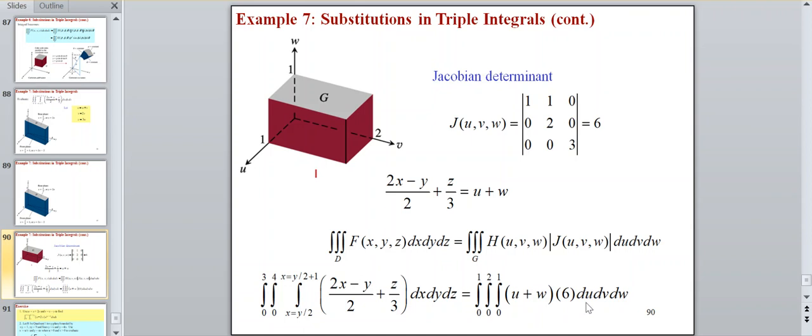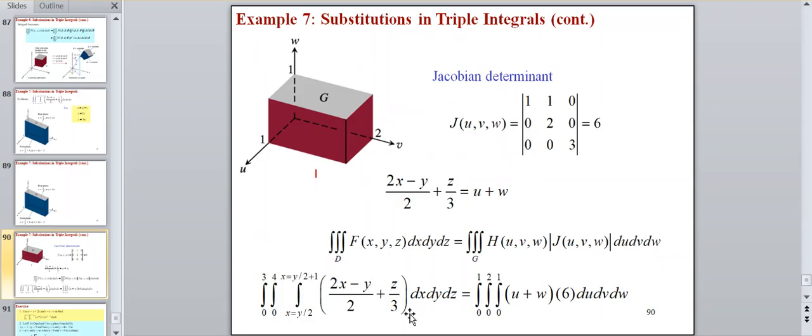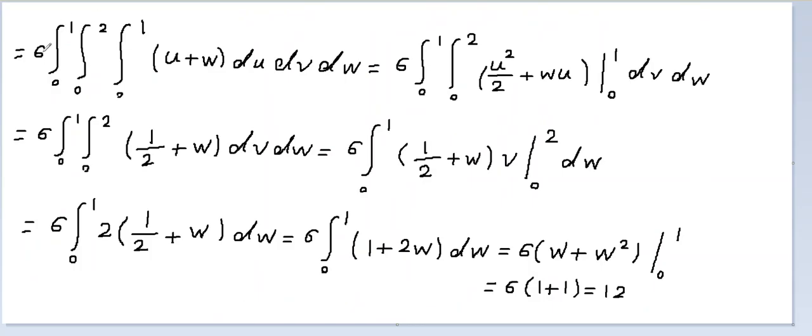Okay, so let's continue to solve this here. You can see the integral of 6 times u plus w equals 6 times the integral of u plus w du dv dw. So first the integral with respect to u.